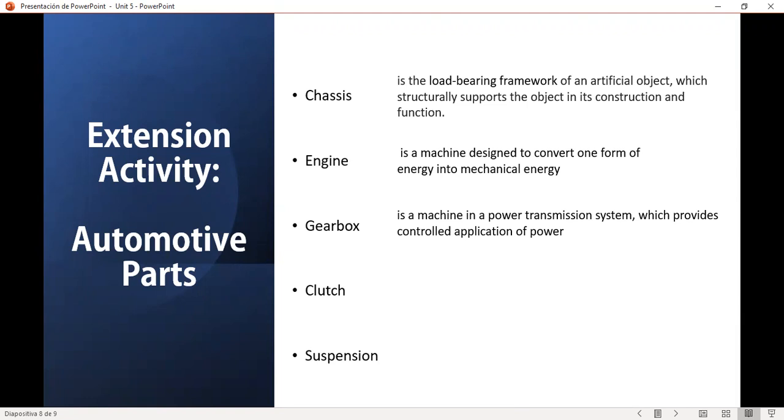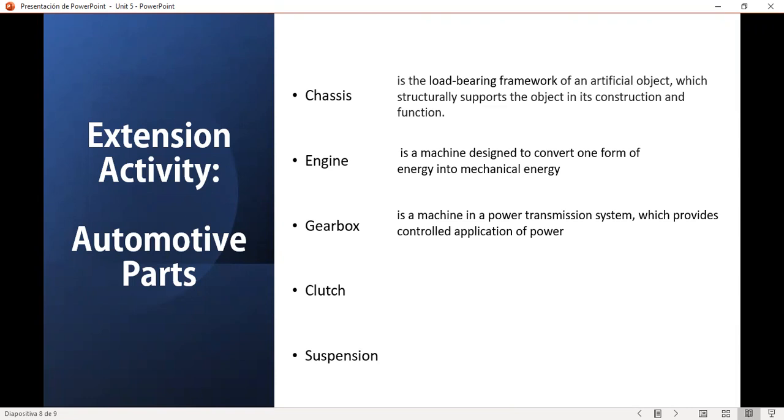Clutch, well, it's like shoes. It is necessary to transmit power, where it can transmit power to some shoes.